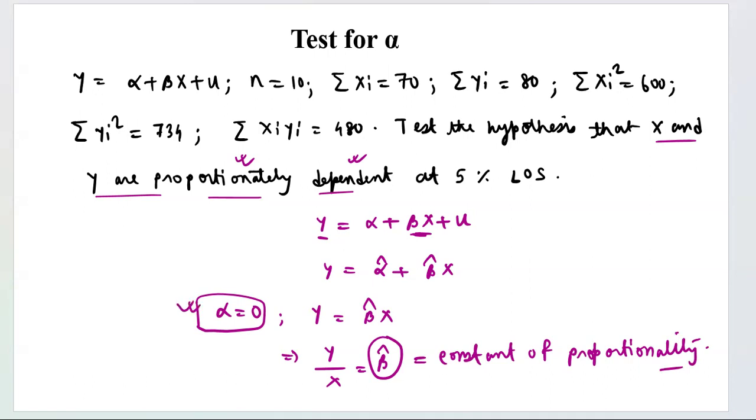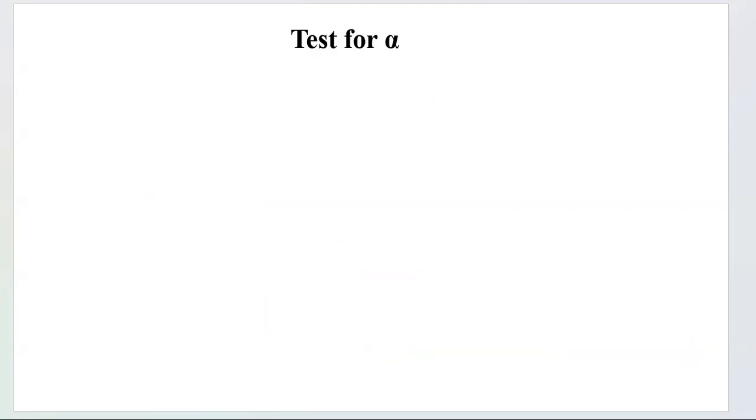So we will test whether alpha is 0 or not. If alpha is 0, we will say that yes, there exists a proportional relationship between x and y. If alpha is not equal to 0, that is, it is statistically significant, then we will say that no, there is no proportionally dependent relationship between x and y. Right? So let us do that. What will be our null hypothesis?